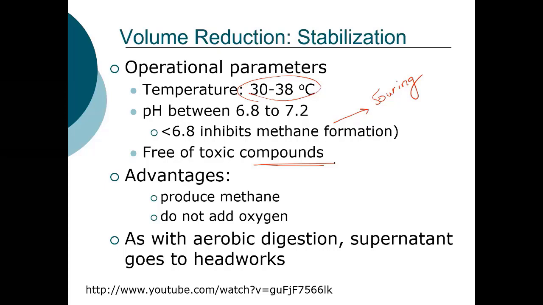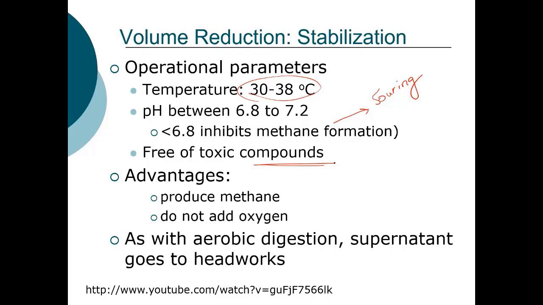Advantages: you're producing methane. It's a significant energy source. You're not adding oxygen, so you're saving on the need to aerate the system. And as with aerobic digesters, the supernatant goes to the headworks of the plant.